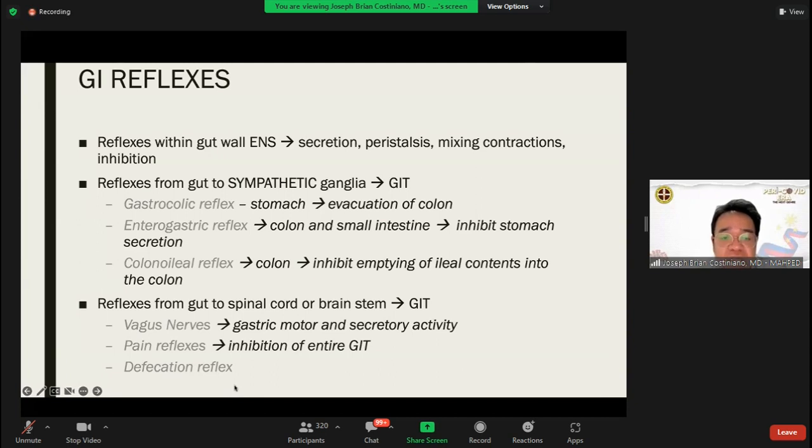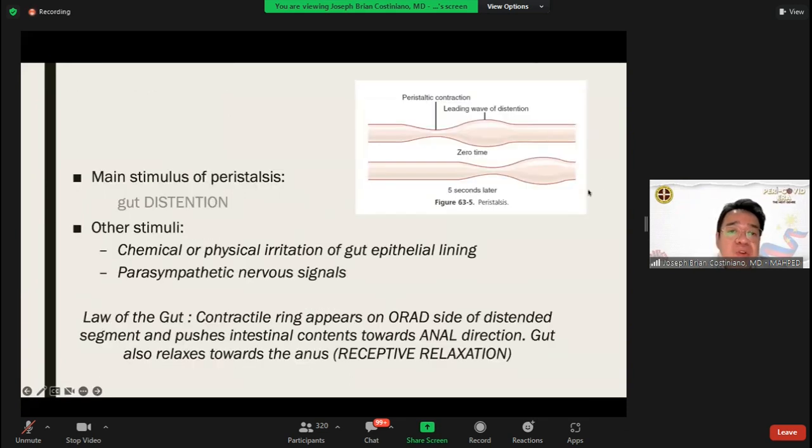That's why when your patient is in pain, then usually you will have constipation. Okay? So the main stimulus of peristalsis is gut distension. And when you talk about law of the gut means that all of your intestines will work in unison in order to push the bolus of food from the oral towards the anal direction.